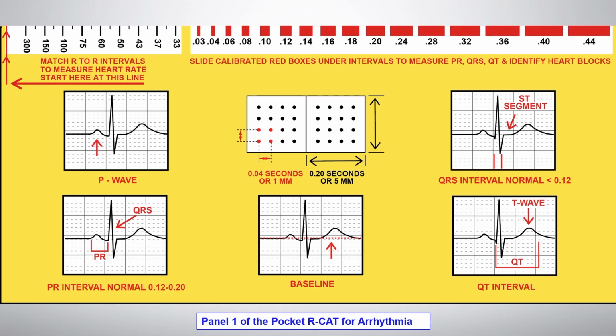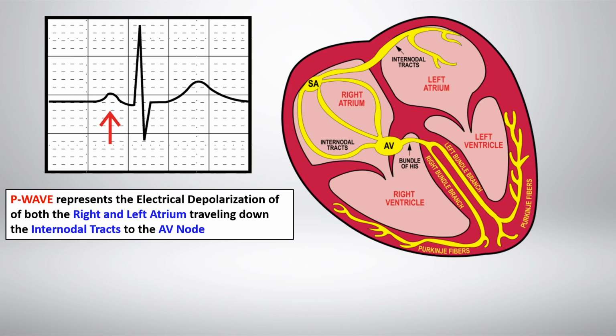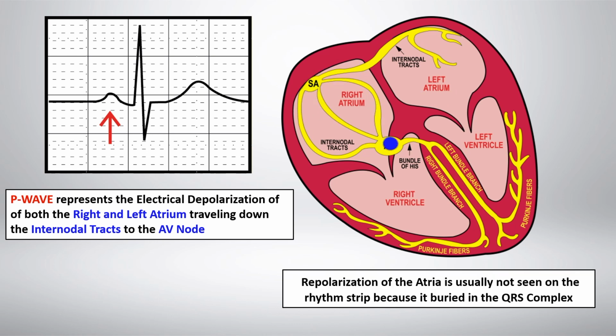Now let's take a look at what the waves and cardiac intervals represent, starting with the P wave. The P wave represents the electrical depolarization of both the right and left atrium, traveling down the internodal tracts to the AV node. Repolarization of the atria is usually not seen on the rhythm strip because it is buried in the QRS complex.